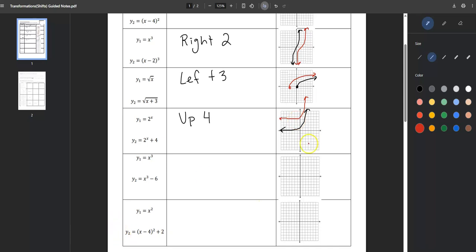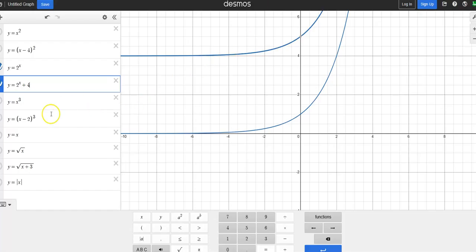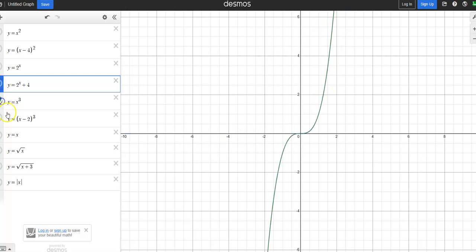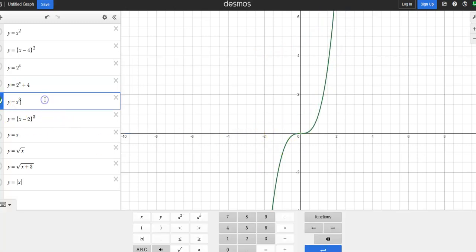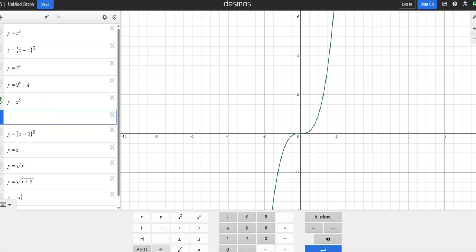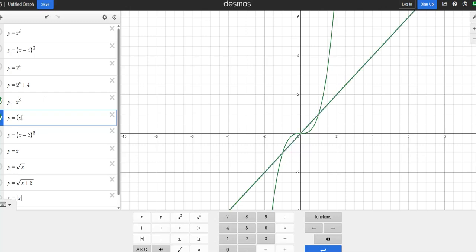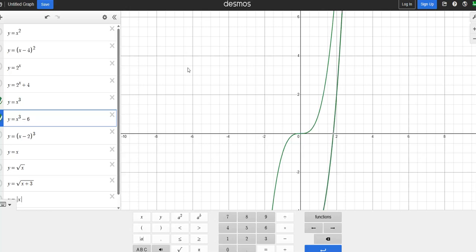All right. Looking at this next one here, I've got x to the third and x to the third minus 6. So x to the third is going to be this green one, and we are going to go y equals x to the third minus 6.